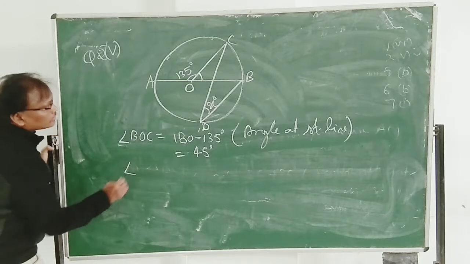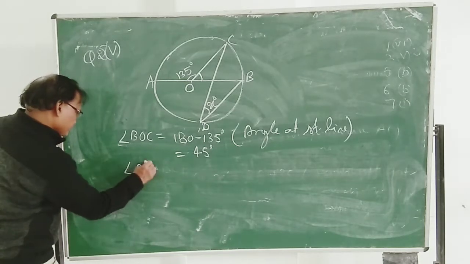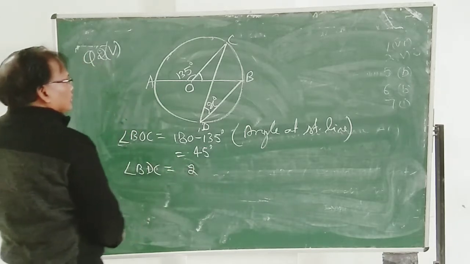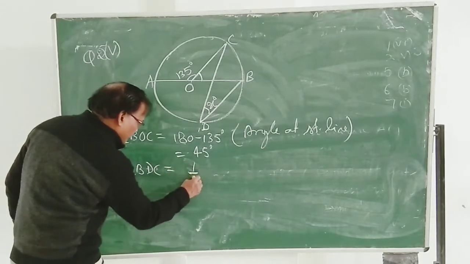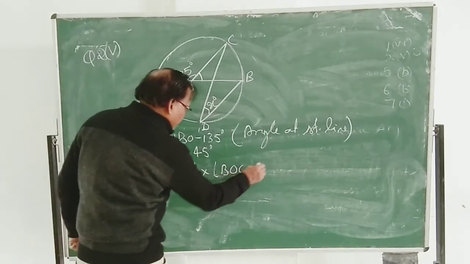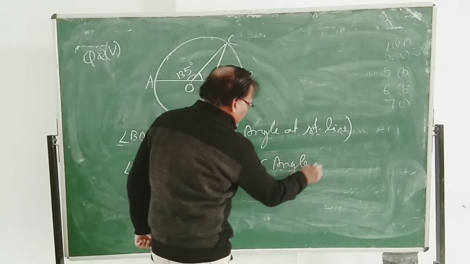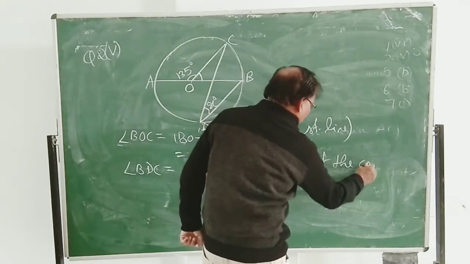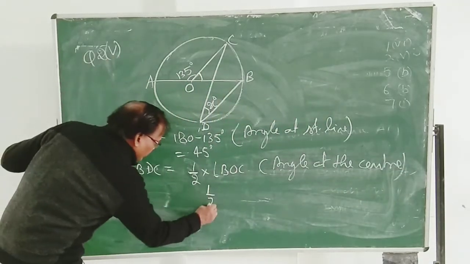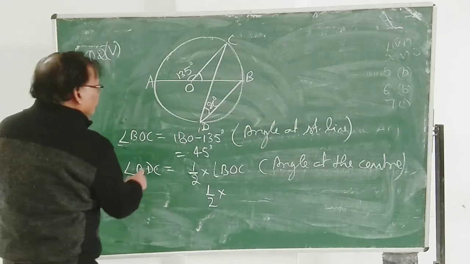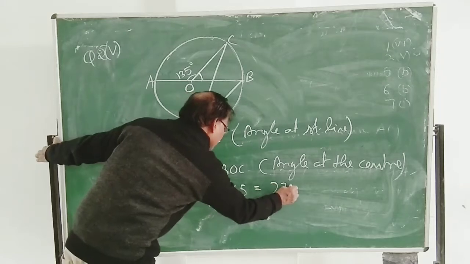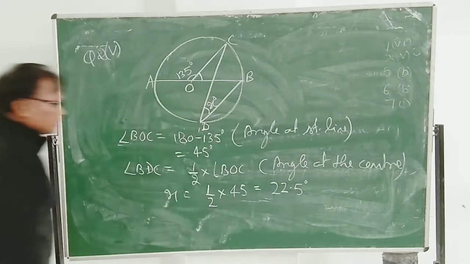Then angle BDC is equal to 1 by 2 angle BOC, angle at the center. So it will be 1 by 2 into 45, x equals 22.5. This is the answer.